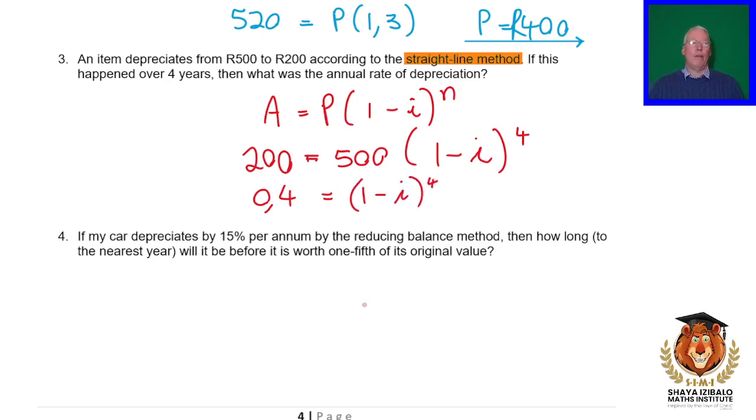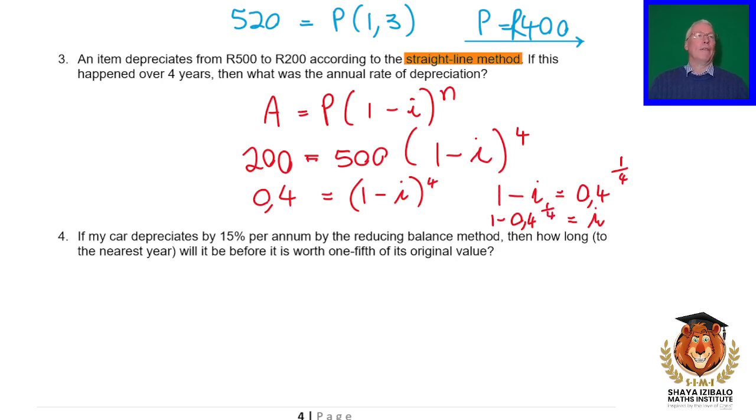What power should I raise both sides to get rid of this power of 4? That's right, 1/4. So in fact, 1 minus I is 0,4 to the quarter. Let's add I to both sides and let's subtract 0,4 to the quarter from both sides. We end up with I equals 1 minus 0,4 to the quarter.